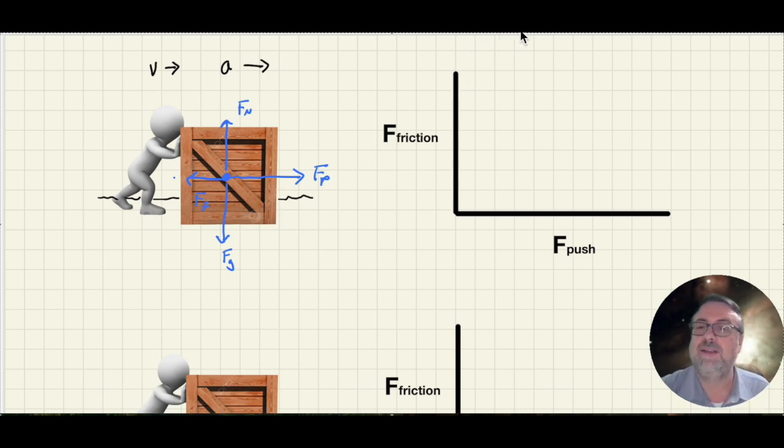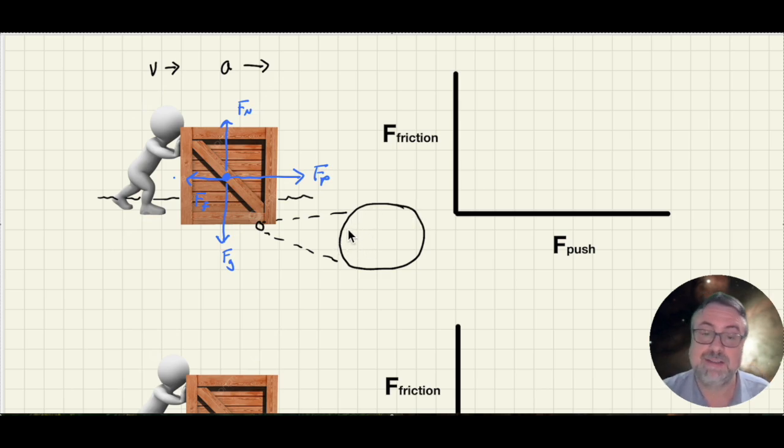So what has happened microscopically, if we could again magnify the surfaces between the box and the floor, is that these two surfaces would now be riding on top of each other. So I'd still have the box here with its rough surface, but now it would be separated from the floor, and the box would be riding across.